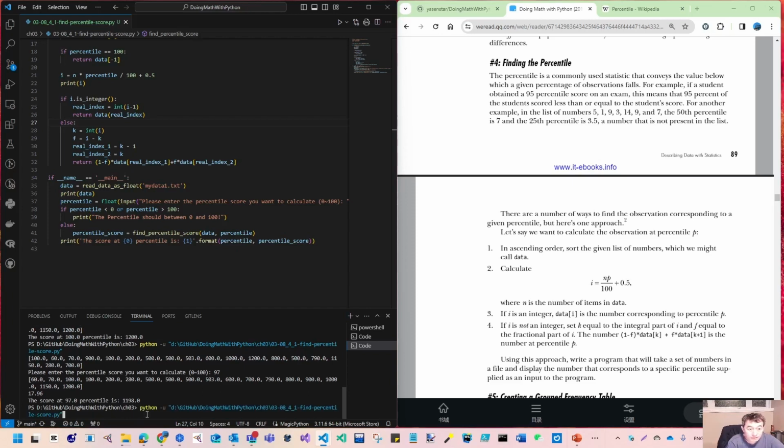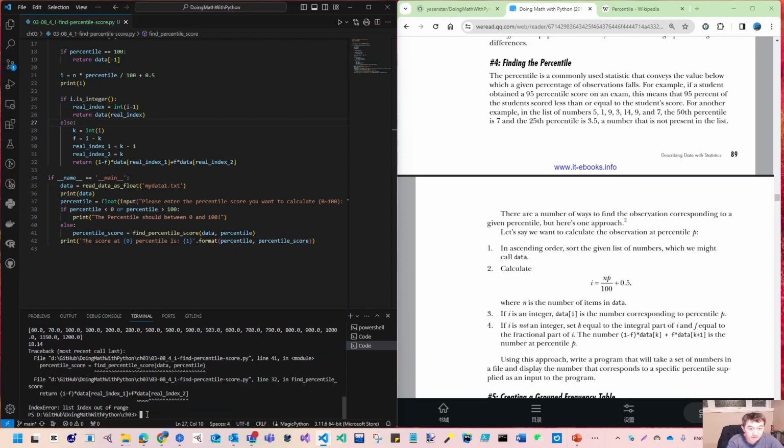But if I give 98, let's see. I start to get an error. I'm not sure whether you find the error yourself or not. The error is that real index 2 overflows, so list index out of range. The reason is coming from this i.